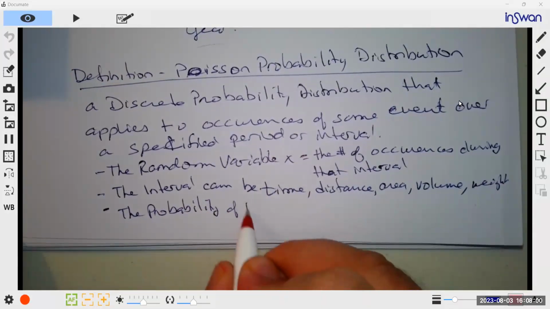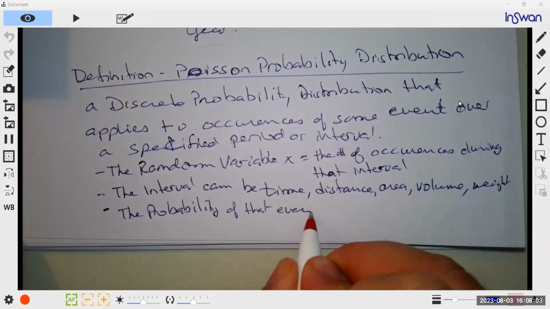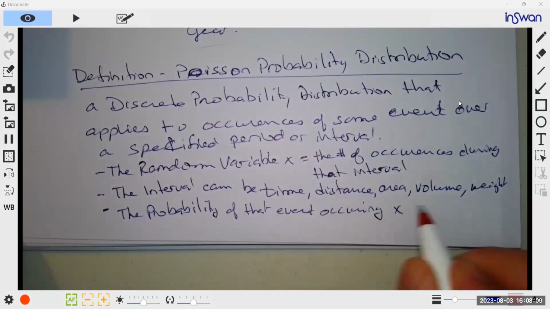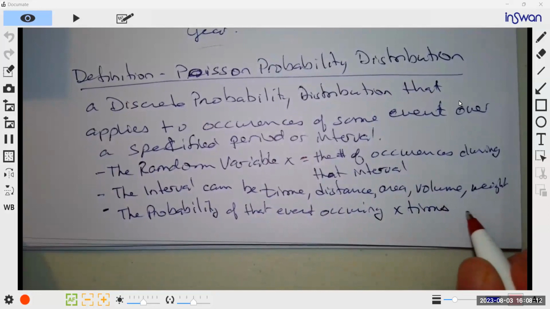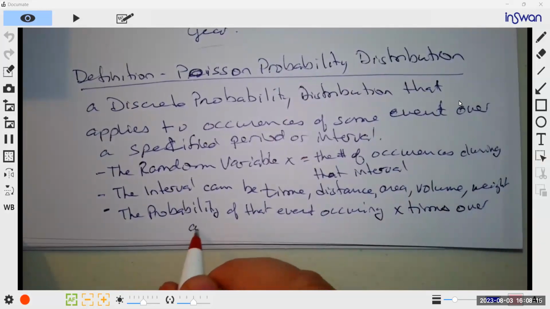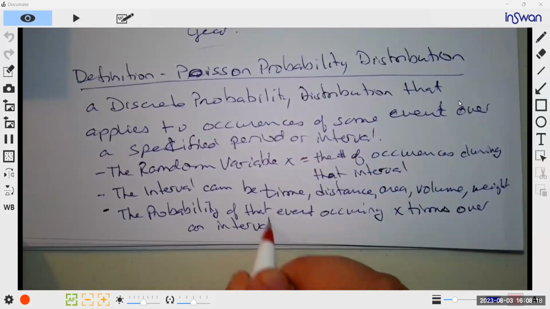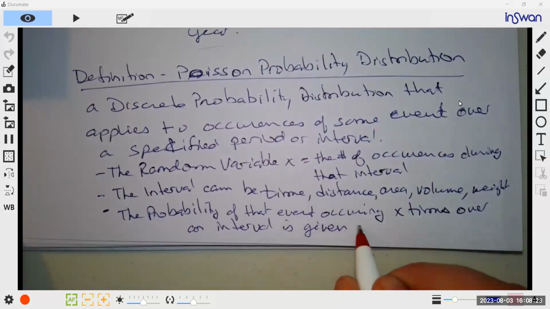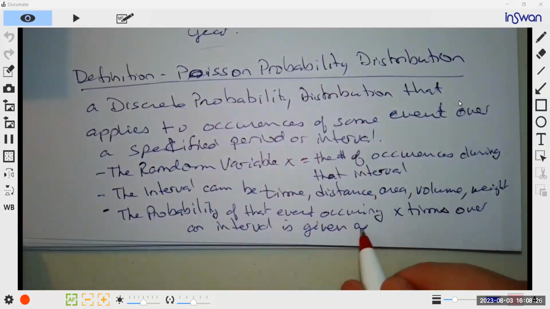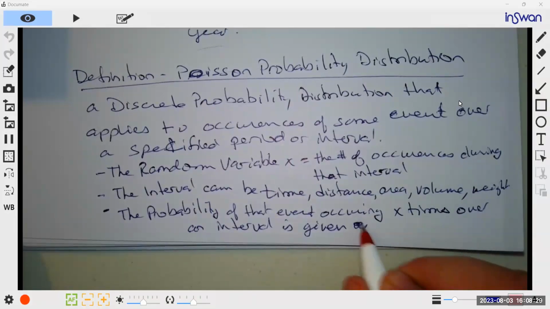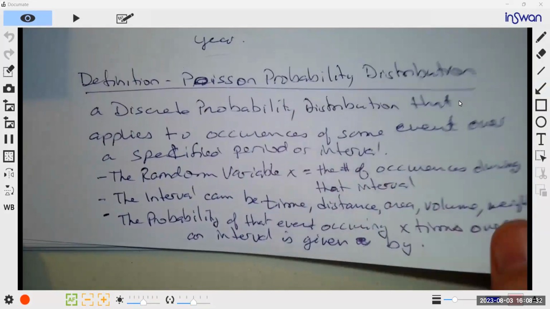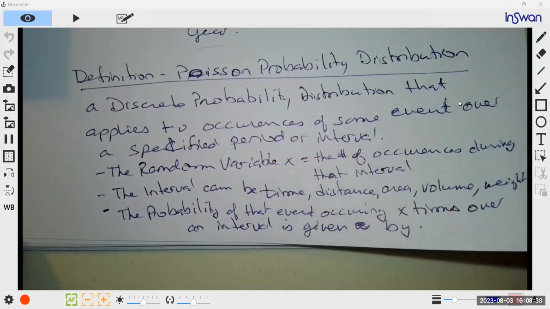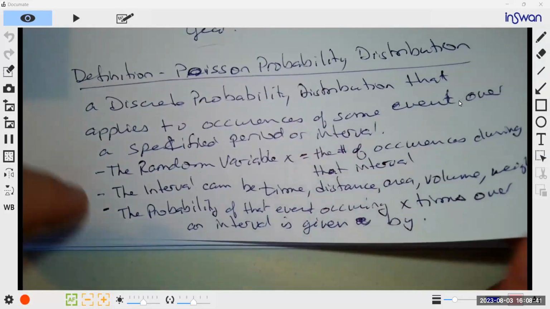The probability of that event occurring x times over an interval is given by the following formula.